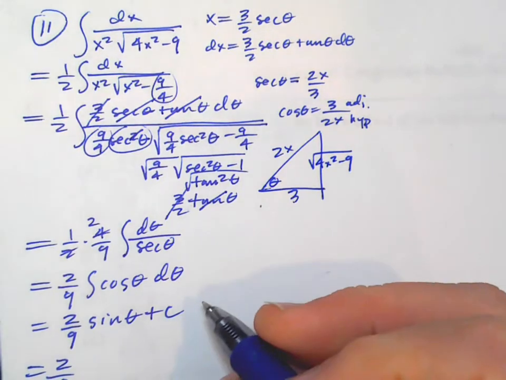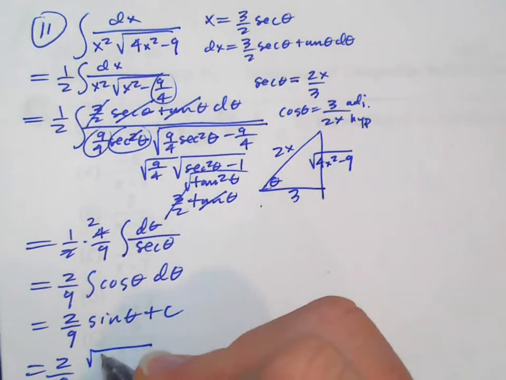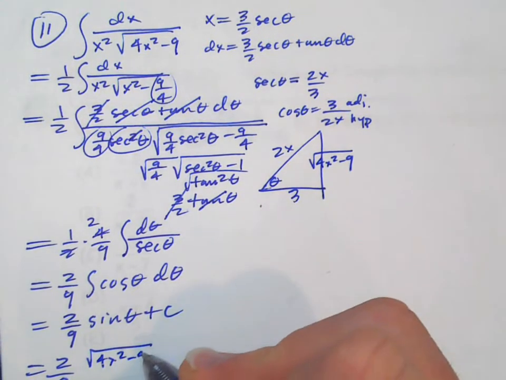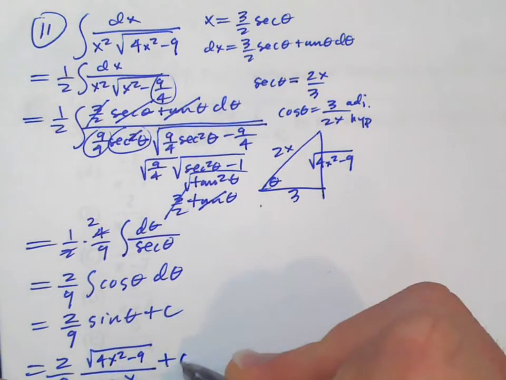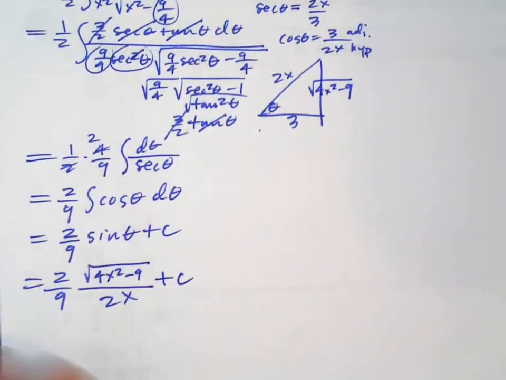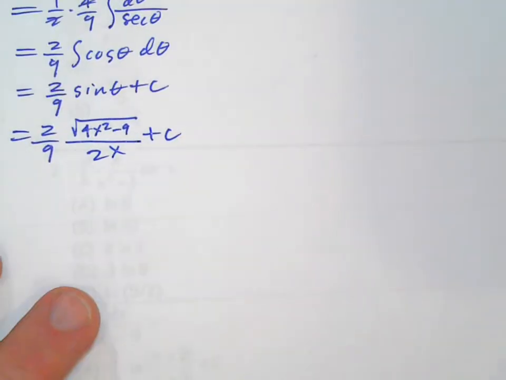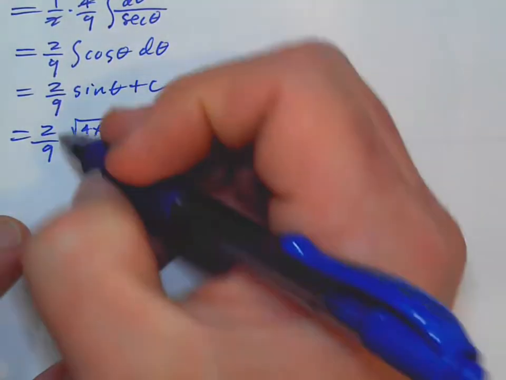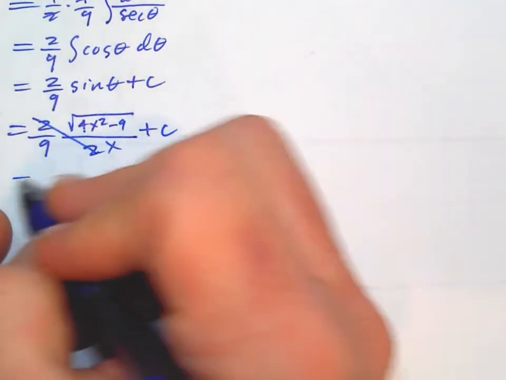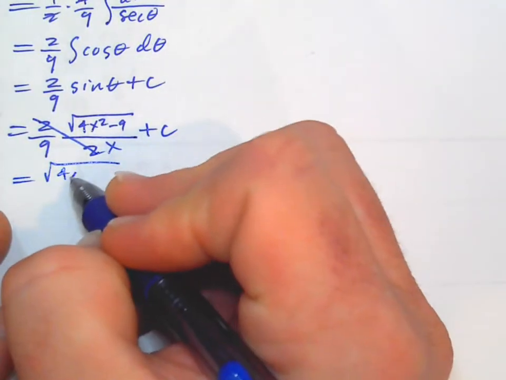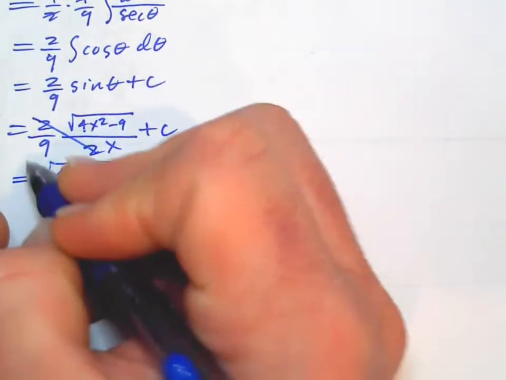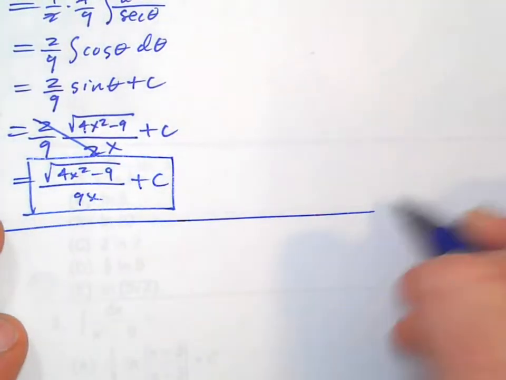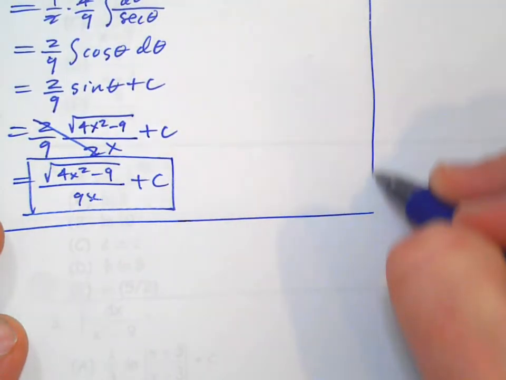So sine theta equals opposite over hypotenuse plus c. And then we could write it a little nicer and say that it is the square root of 4x squared minus 9 over 9x plus c. Nice.